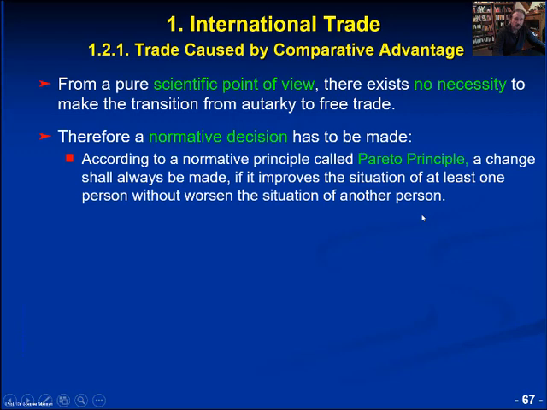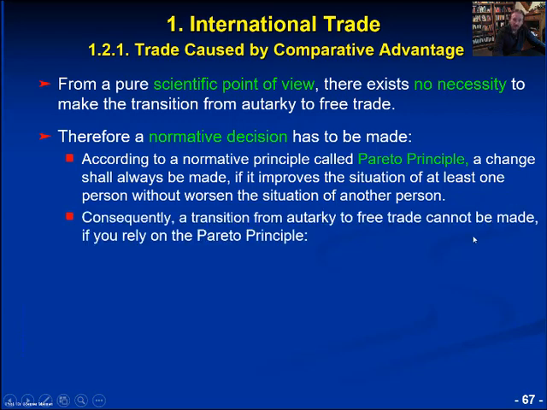For example, according to a normative principle called the Pareto principle, a change shall always be made if it improves the situation of at least one person without worsening the situation of another person. Consequently, a transition from autarky to free trade cannot be made if you rely on the Pareto principle.